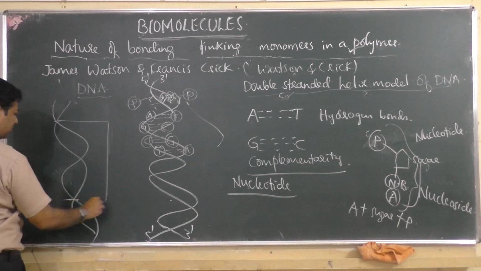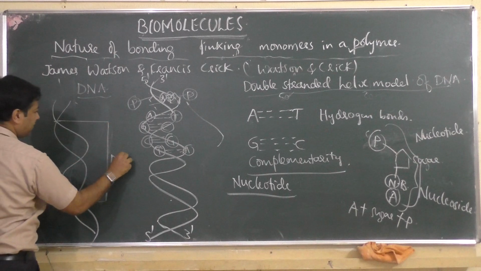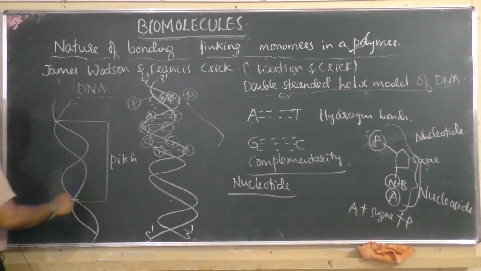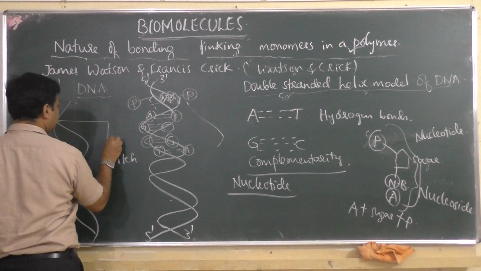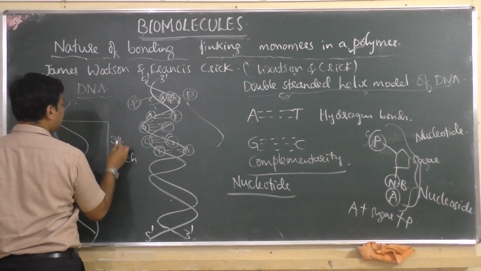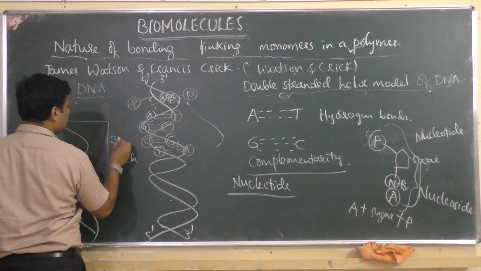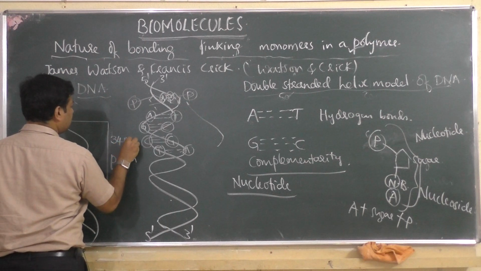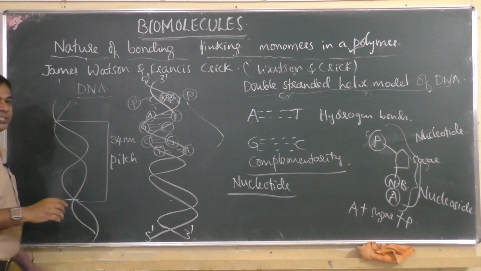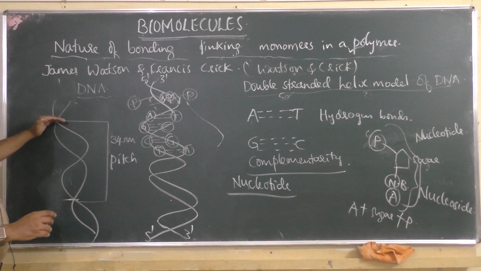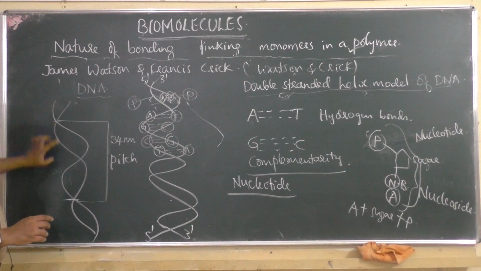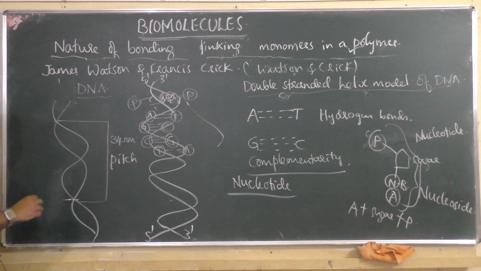This part is called the pitch of DNA. This pitch is 34 nanometer. The length is from one end to the other end. This is called one turn.